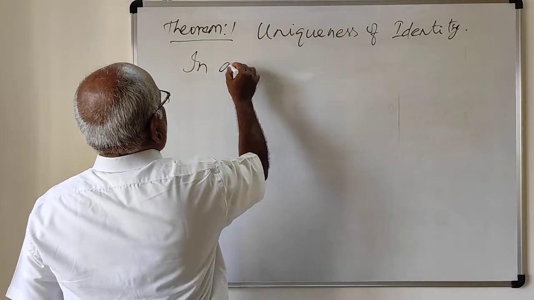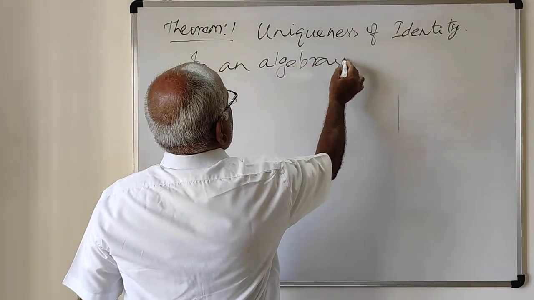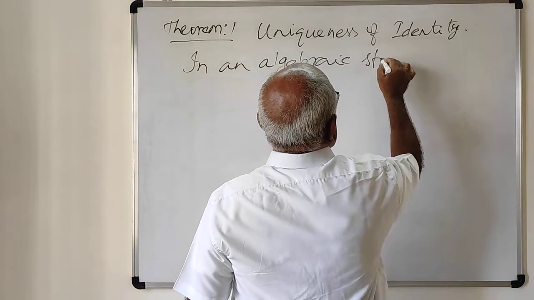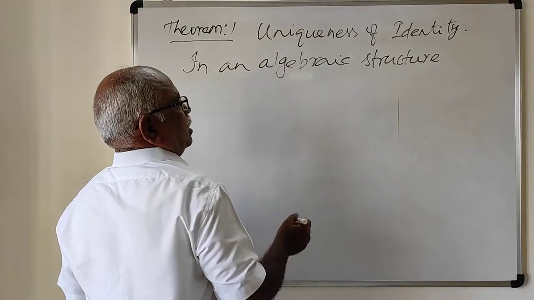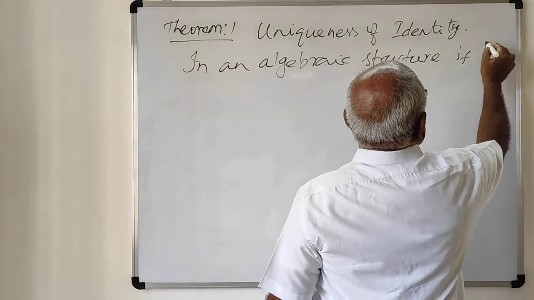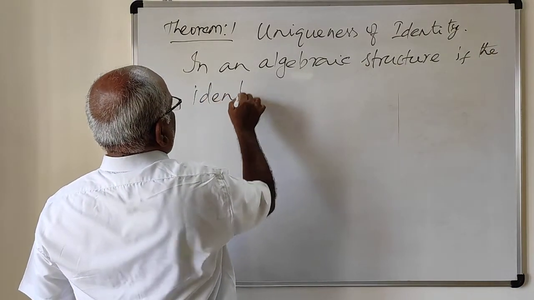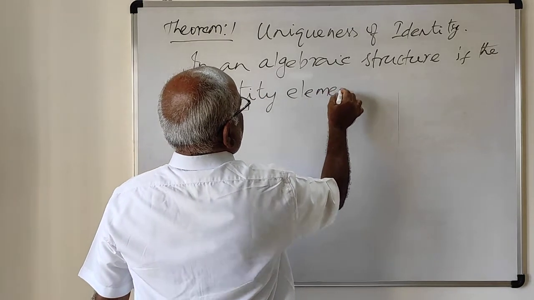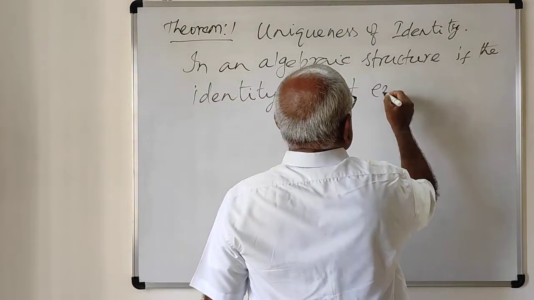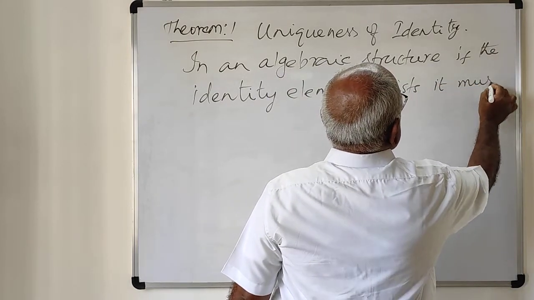The theorem statement is, in an algebraic structure, if the identity element exists, it must be unique.